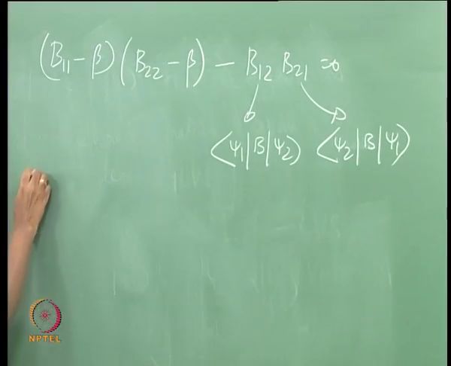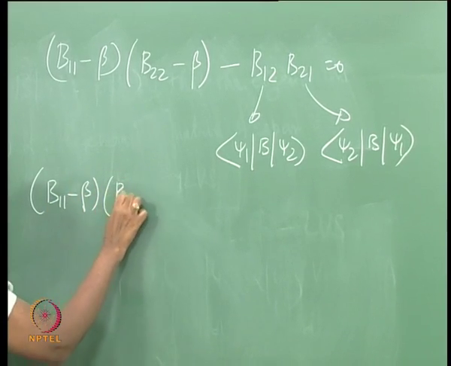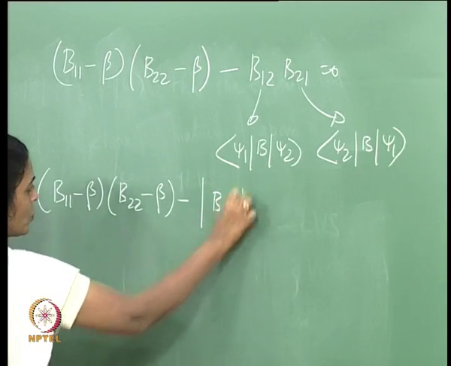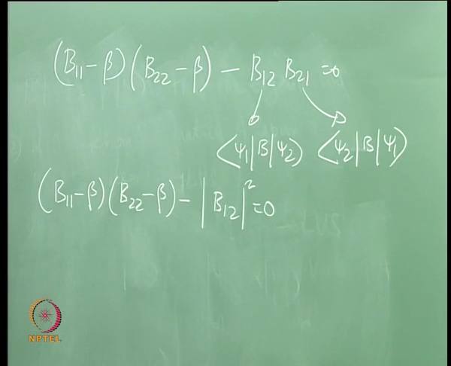Therefore, I can write this as B11 minus beta times B22 minus beta minus modulus of B12 the whole squared is equal to 0.